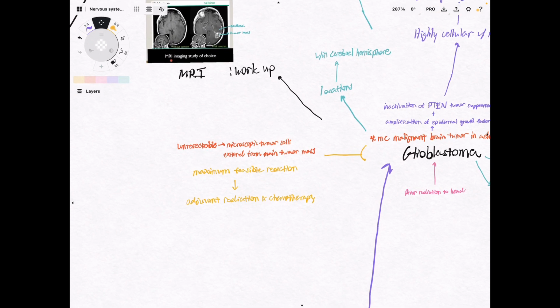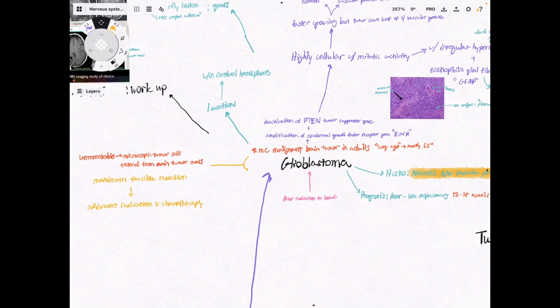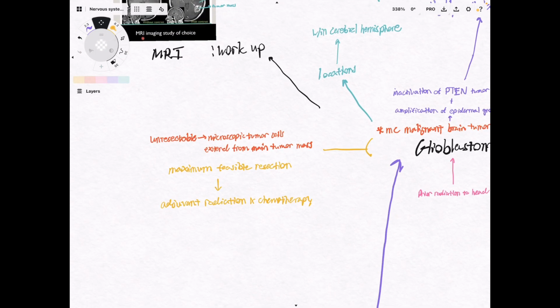To treat a glioblastoma, unfortunately, the prognosis is very poor. Life expectancy is 12 to 18 months, as you can see here on the right. So you're going to have to be very aggressive in treating this. They're really considered unresectable due to the cells extending beyond the main tumor mass. You can see that on a microscope. This is what contributes to the WHO grade 4.